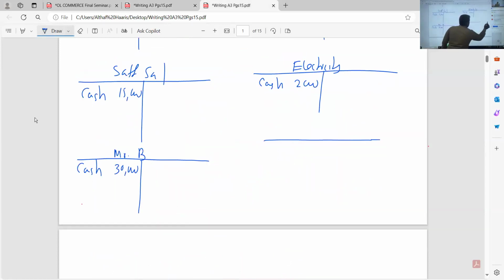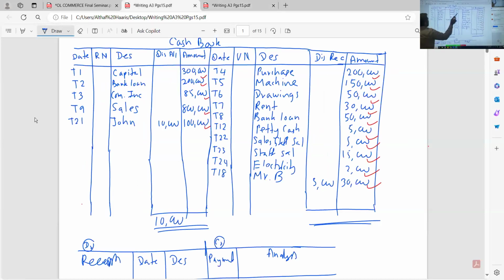Yes, Umair, correct. Discount allowed. When we are giving it, for us it is an expense, people. Debtors account only credit. What is the amount? 10,000. Here debit because it is an expense. For the relevant debtors account.